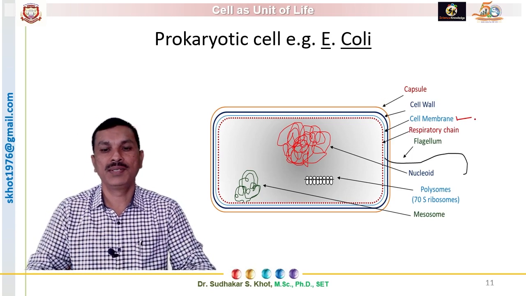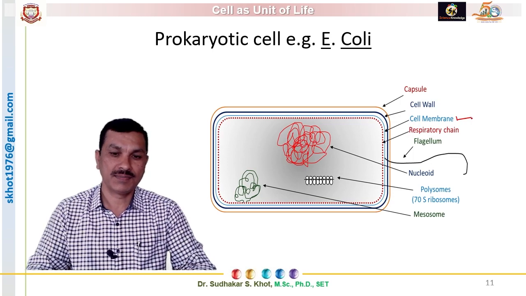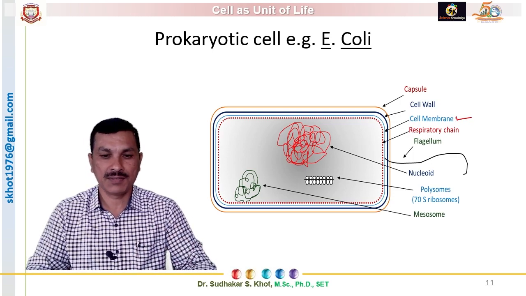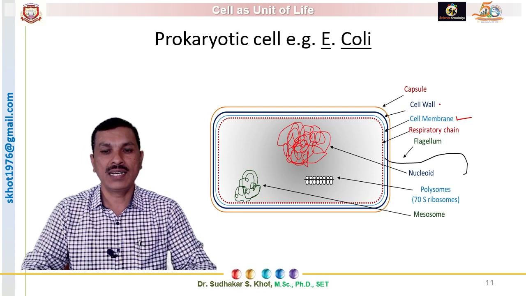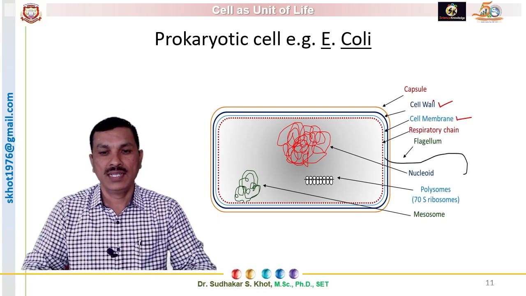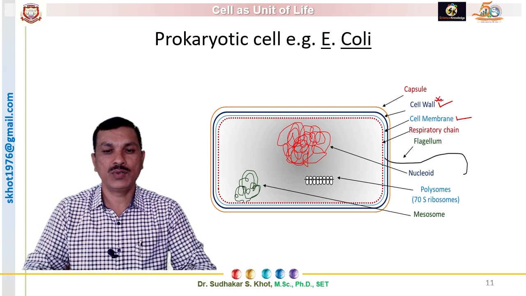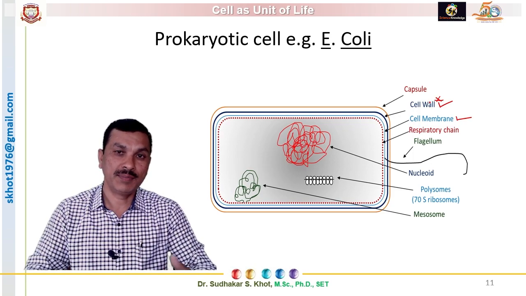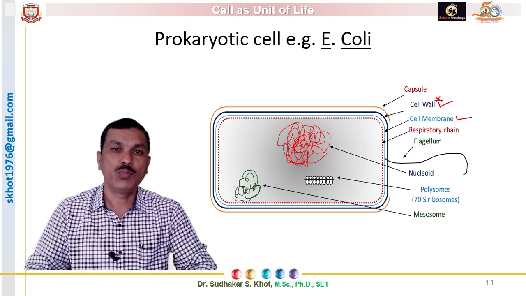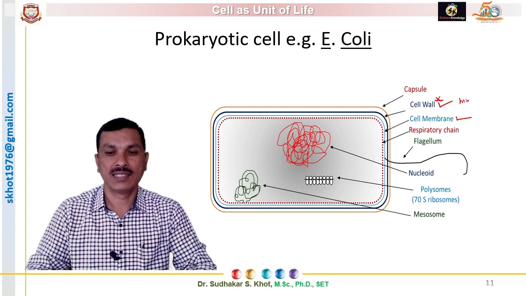This is made up of lipids and proteins, and it is selectively permeable in nature. In addition, the prokaryotic cells are covered by a specific layer called the cell wall. Now, the cell wall may or may not be present. In bacteria, the cell wall is formed of muramic acid.